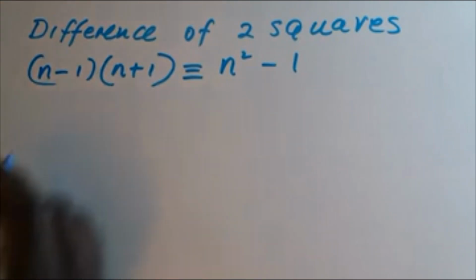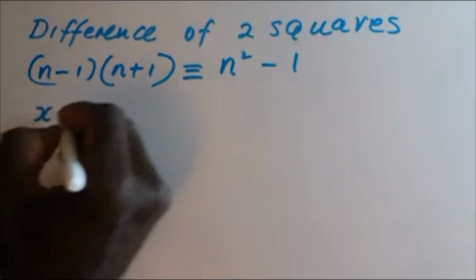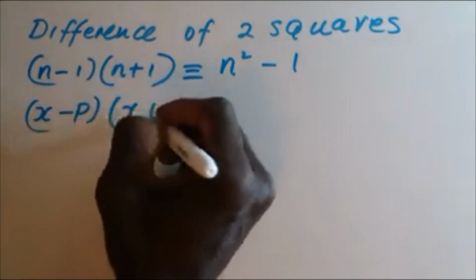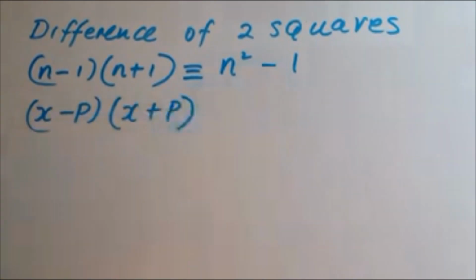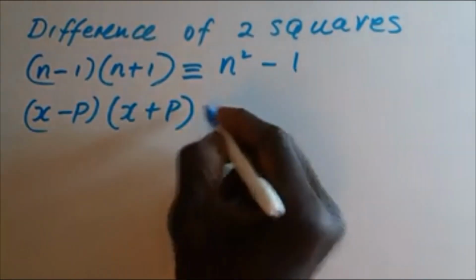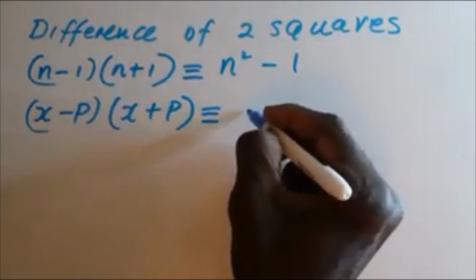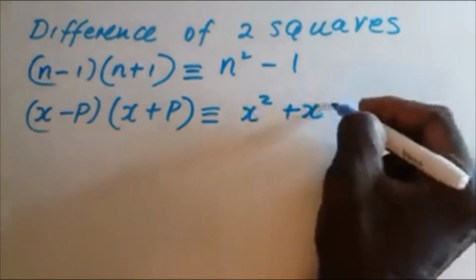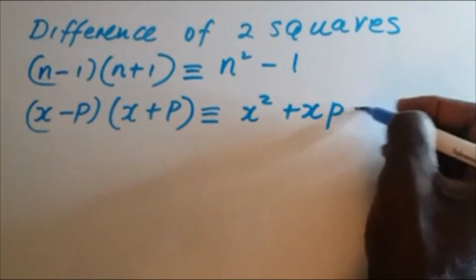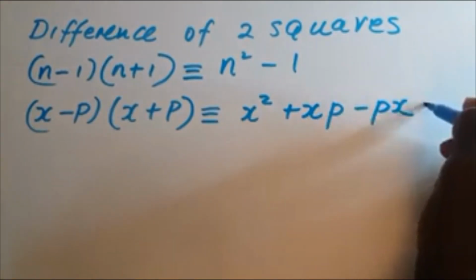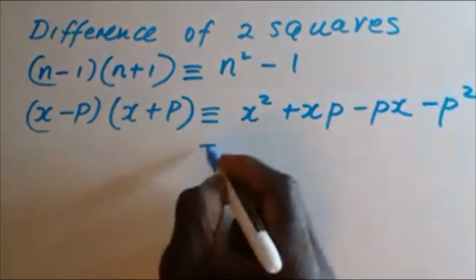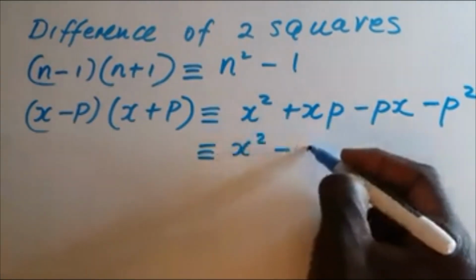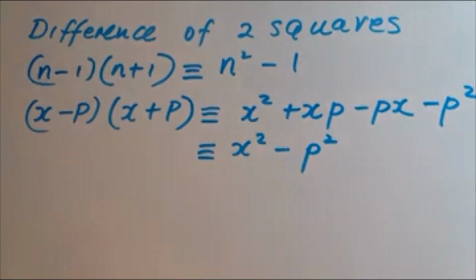Now we'll use the identity (x minus p)(x add p) to illustrate this, and this is equivalent to x squared add xp minus px minus p squared, and this evaluates to x squared minus p squared.